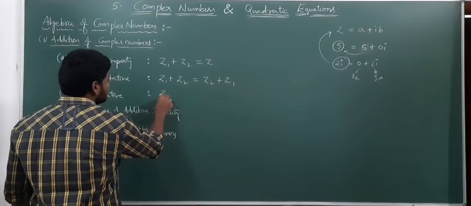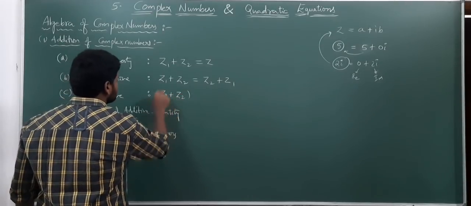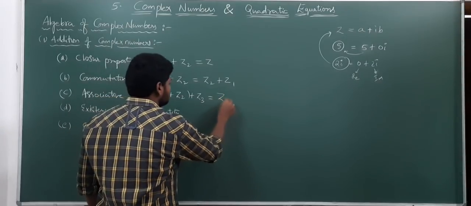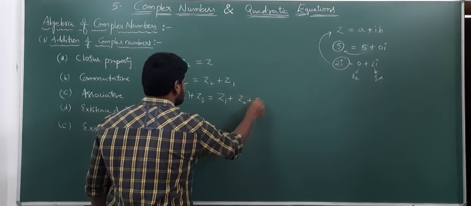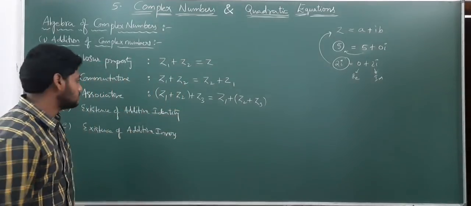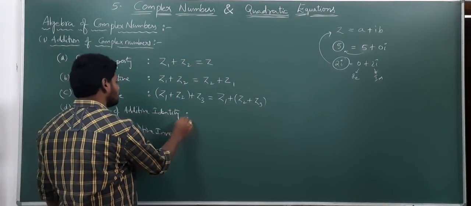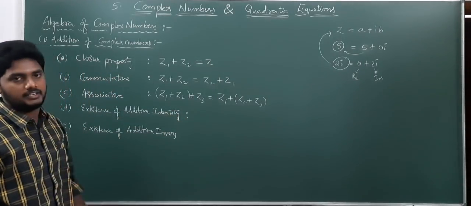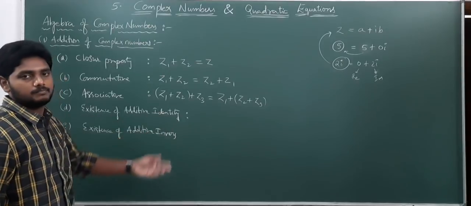Associative property is nothing but Z1 plus Z2 plus Z3 satisfies Z1 plus Z2 plus Z3 with any grouping. You can take any three complex numbers and check. Next, existence of additive identity. Here identity means same.